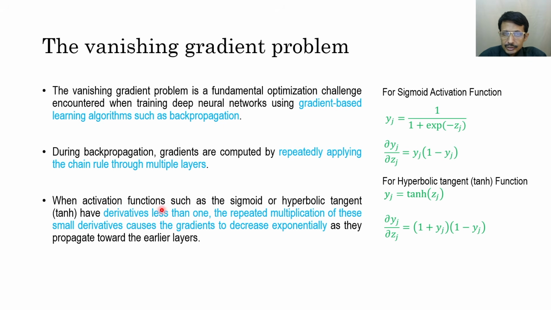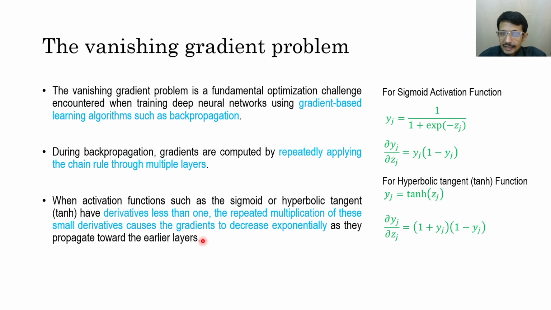So when activation functions such as sigmoid or tanh have derivatives less than 1, the repeated multiplication of these small derivatives causes the gradient to decrease exponentially as it propagates towards the earlier layers.